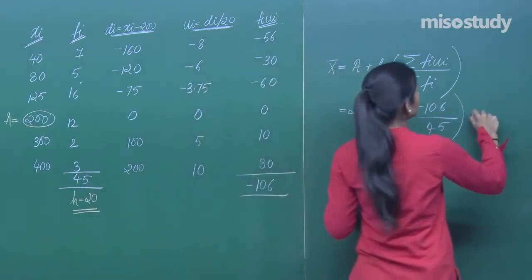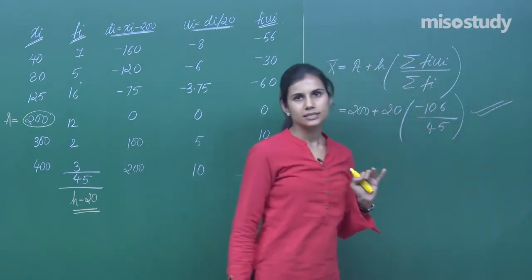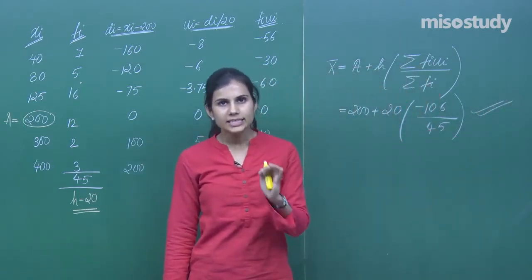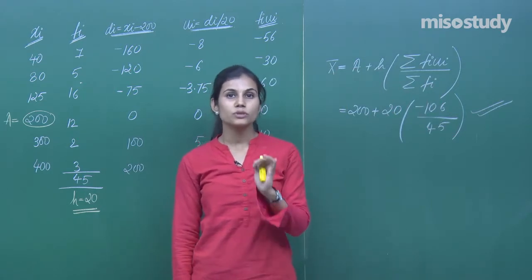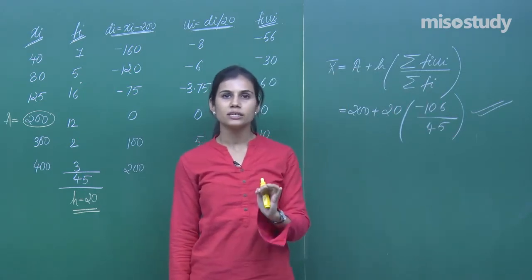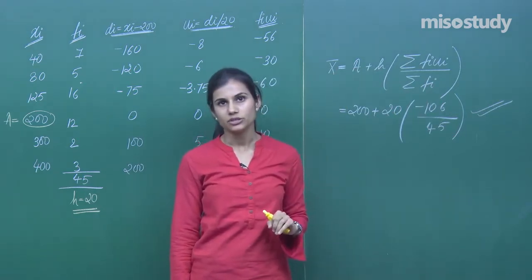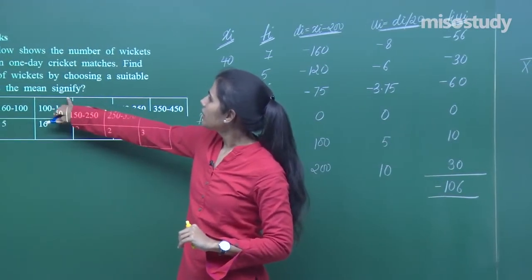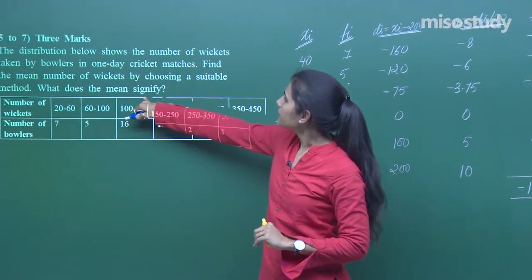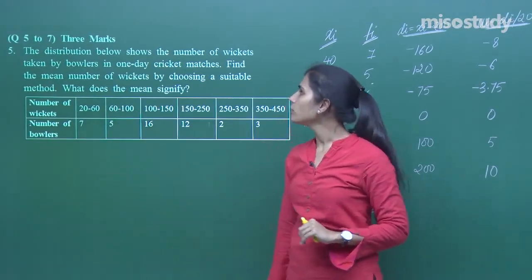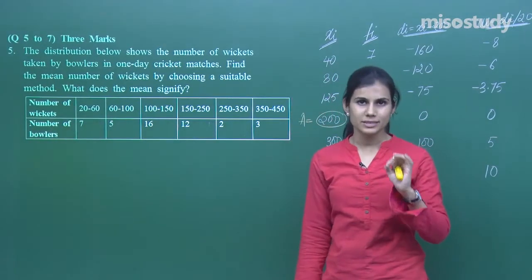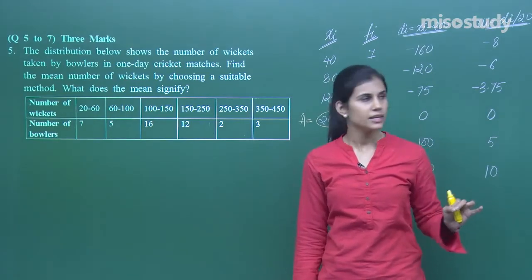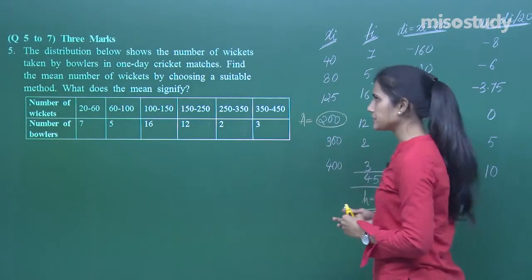Evaluate this number and this denotes what? This denotes the number of wickets which are taken by 45 bowlers in one-day cricket matches. So here, what does the mean signify? The number of wickets which are taken by 45 bowlers in one-day cricket matches is what this mean value is going to signify. So you can find this value, that's your answer.